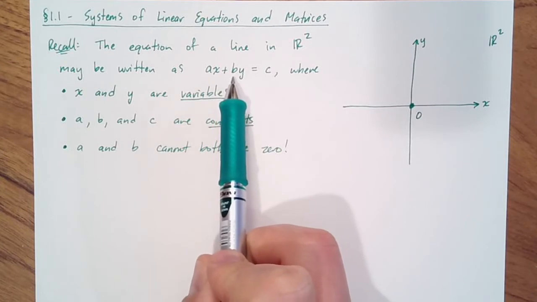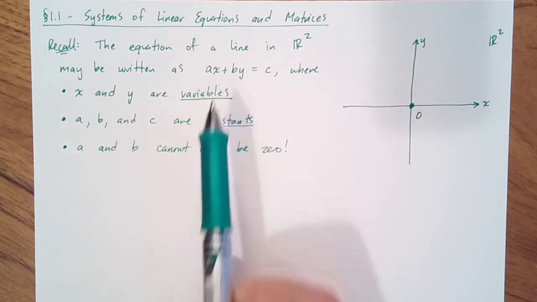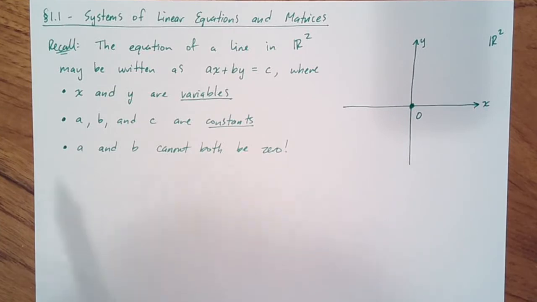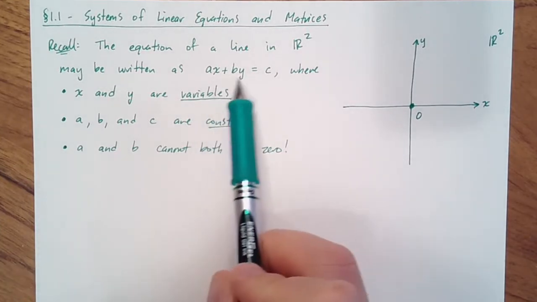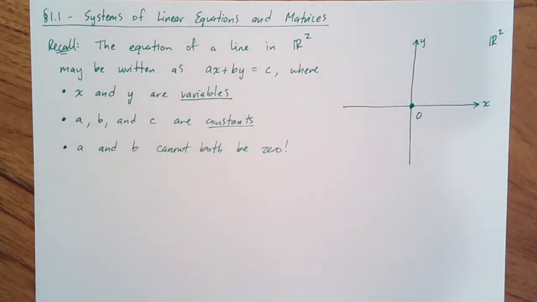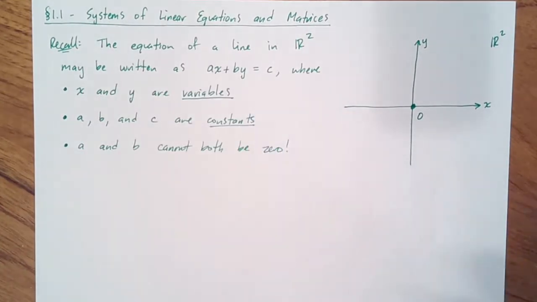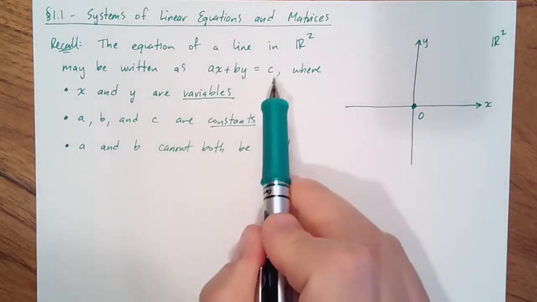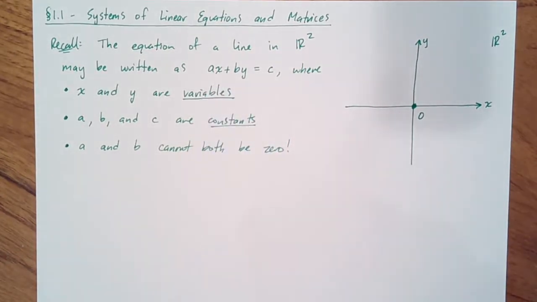And now if b were 0, then the second term is also equal to 0. So if a and b were both 0, the left-hand side of this equation would be 0. So then, well, the truth of this equation would depend entirely on the value of c. If c happened to also be 0, well, then the equation would always be true. And if c happened to be anything else non-zero, well, if your left-hand side is 0 and c is non-zero, well, then that means the equation would always be false.